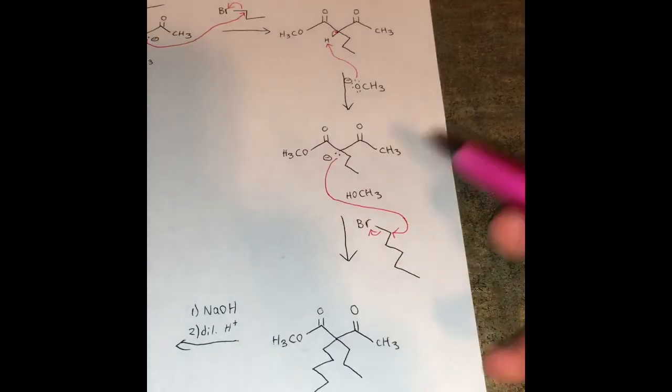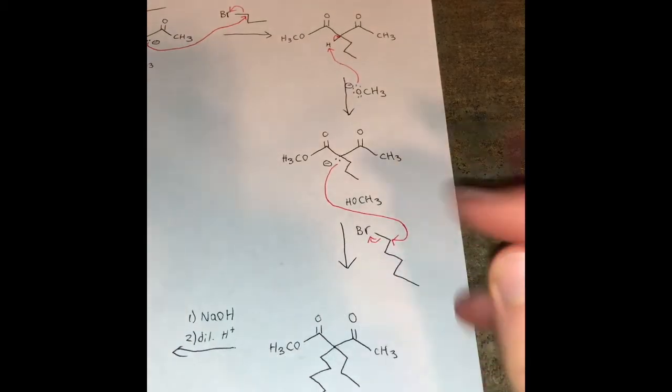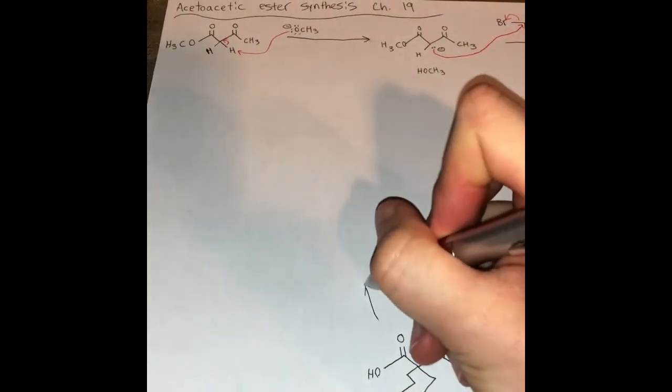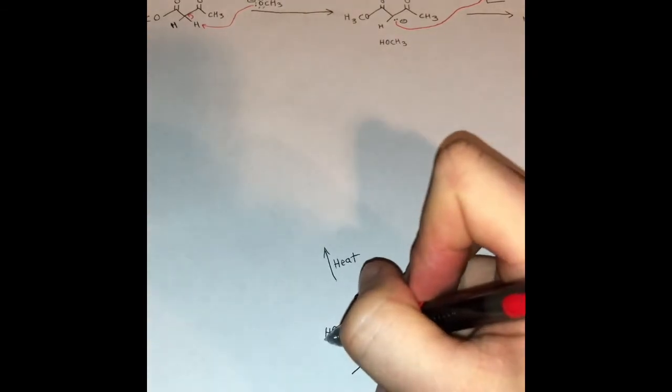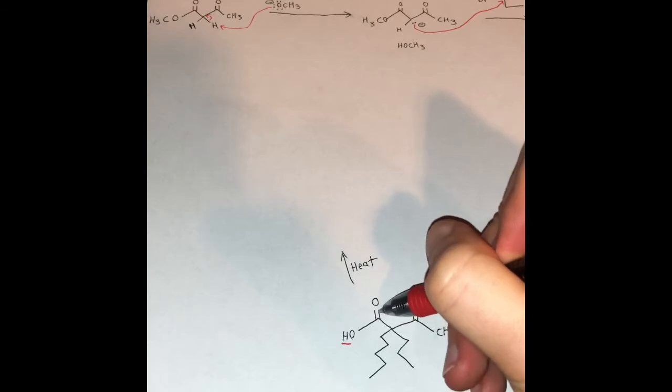Okay, so see, we went from this ester, now it's a carboxylic acid. Now, if we add in one more thing, which is heat, we can decarboxylate. And then when we do this, the H right here on the OH will go in place of this carboxylic acid that we get rid of.